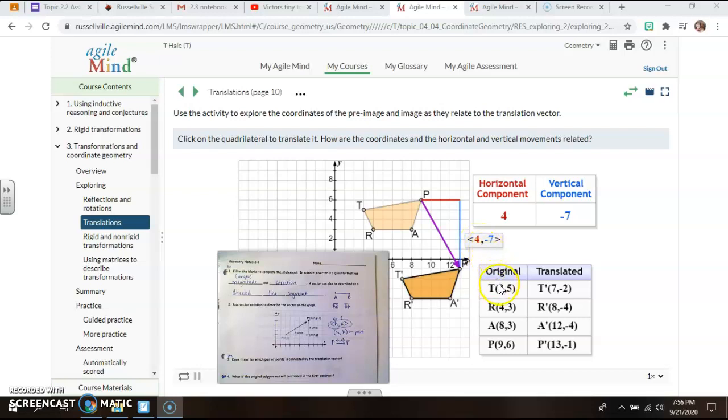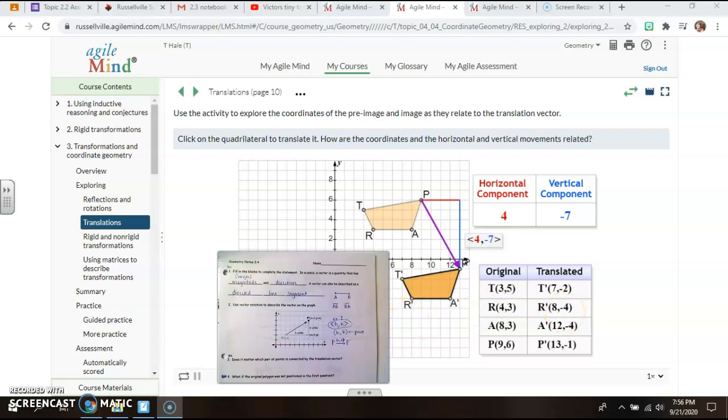So all I had to do is take these x coordinates of my original points and add 4 to them since I'm going to the right. So you can see 3 plus 4 gives me that 7. 4 plus 4 gives me that 8. Likewise, the negative 7 in the y position tells me I'm going down 7. So all I have to do is take these y coordinates and subtract 7 to get the y coordinate of my new point. So 5 minus 7 gives me this negative 2. 3 minus 7 gives me this negative 4.